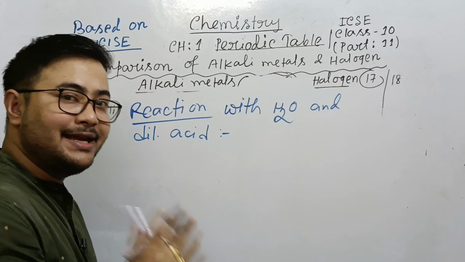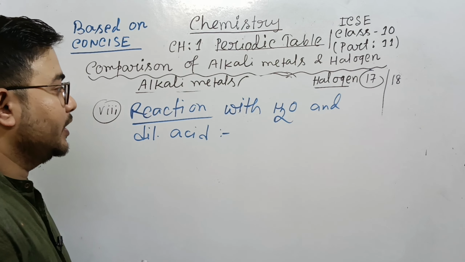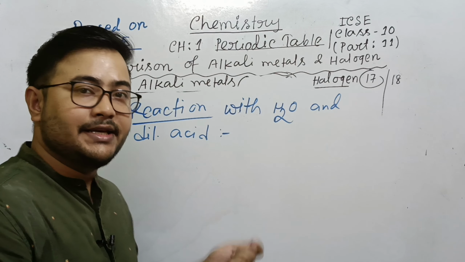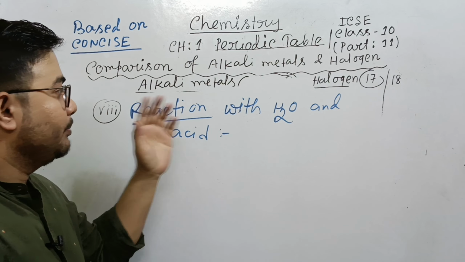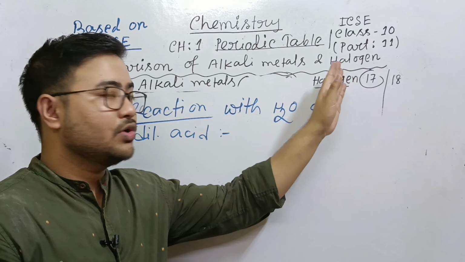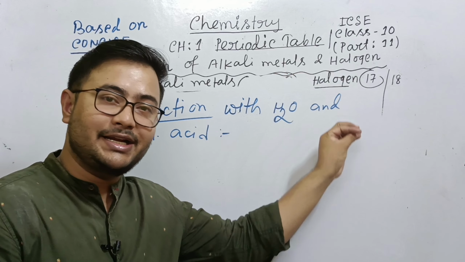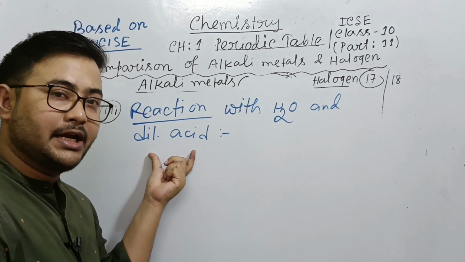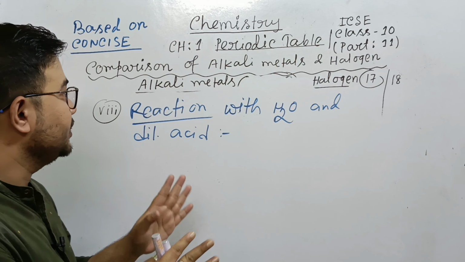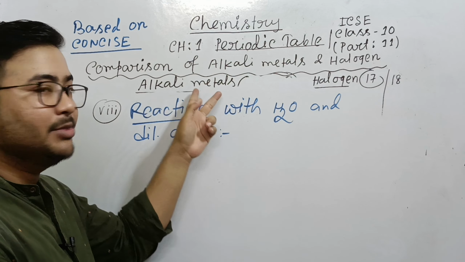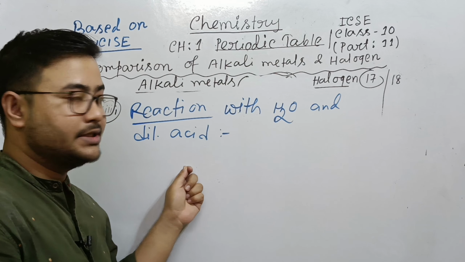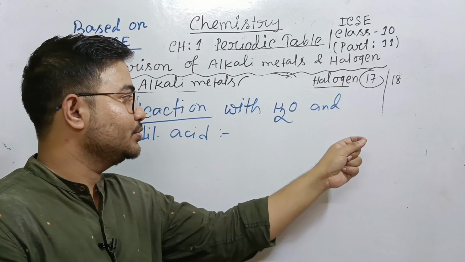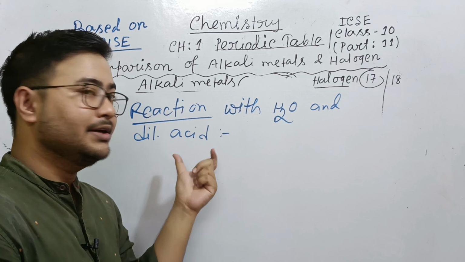Alkali metals are highly and vigorously reactive with water and dilute acid. But halogens generally do not have a tendency to react with water and dilute acid. So it is a difference. Keep in mind that alkali metals react vigorously with water and dilute acid, but halogens do not generally react with water and dilute acid.